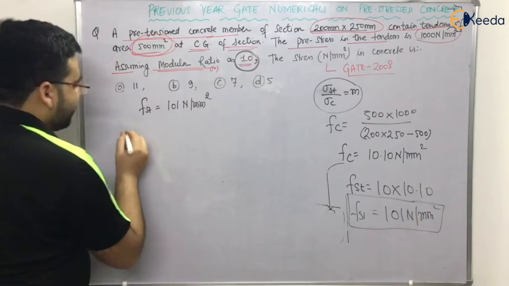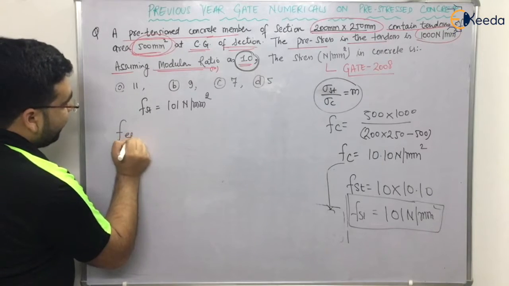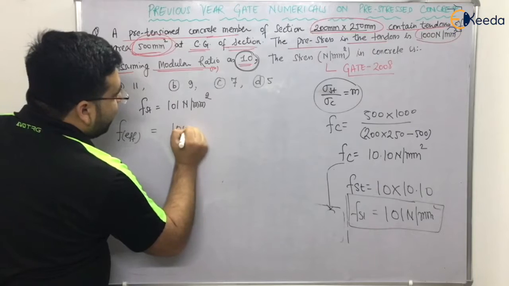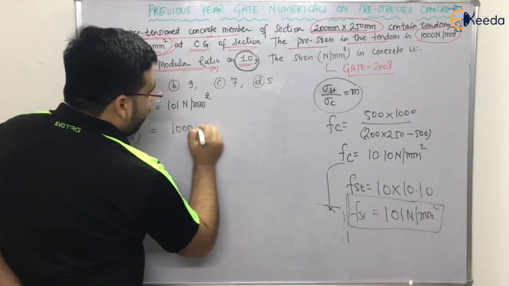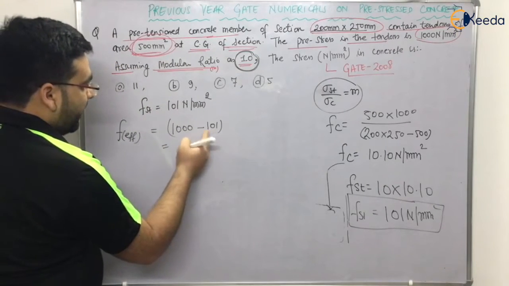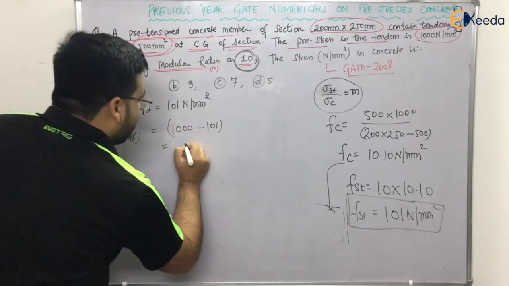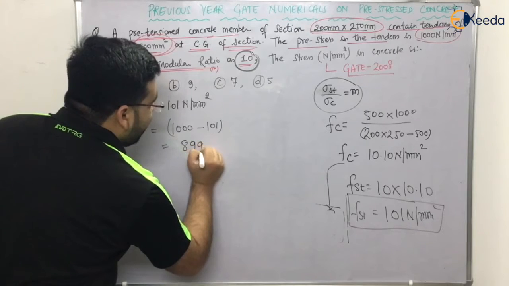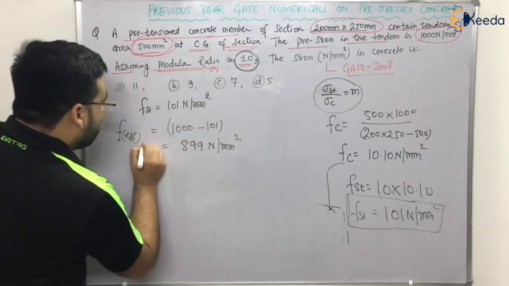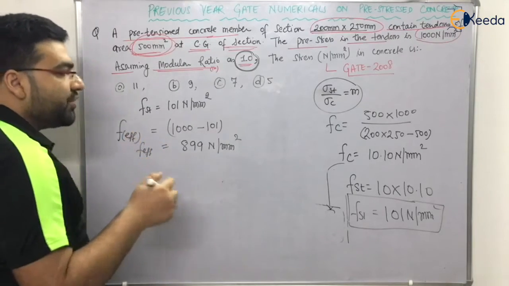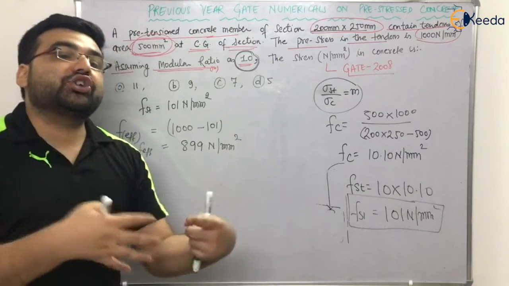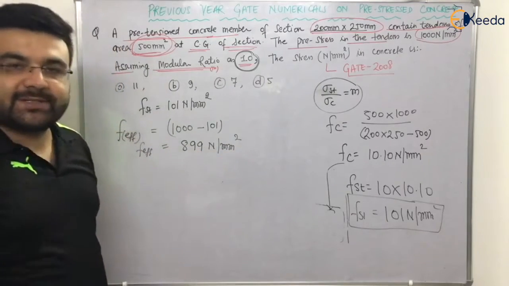Clear? Now the effective stress, f effective, will be equal to 1000 minus 101, that is 899 Newton per mm square. Now this is the effective stress by which the tendons are coming back to their original position.